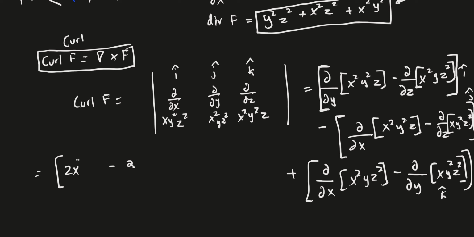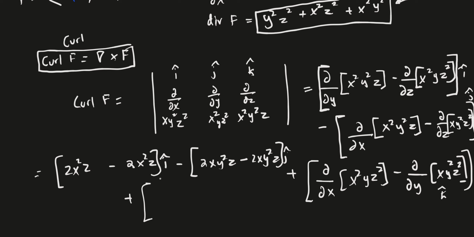This is 2x squared z minus 2x squared z, i, minus 2xy squared z minus 2xy squared z, j, plus 2xyz squared minus 2xyz squared.